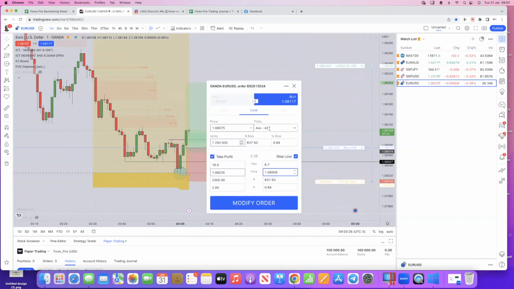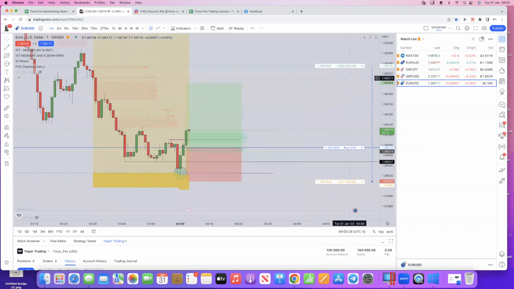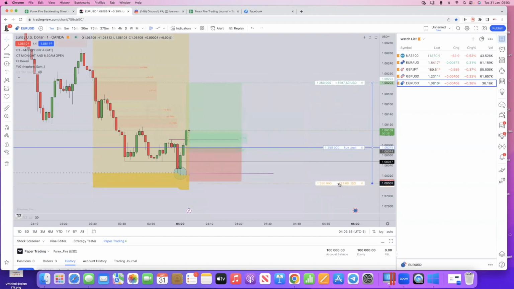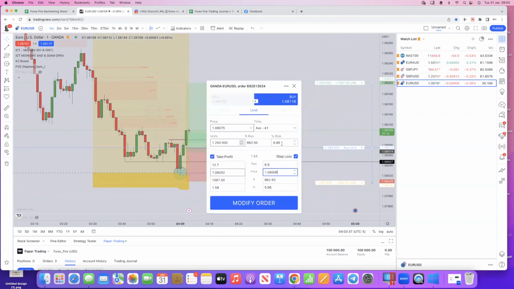Just bring this in a bit. Bring this into here. Modify this under here. And we're going to risk 1%. So now let's go up to that 2%.